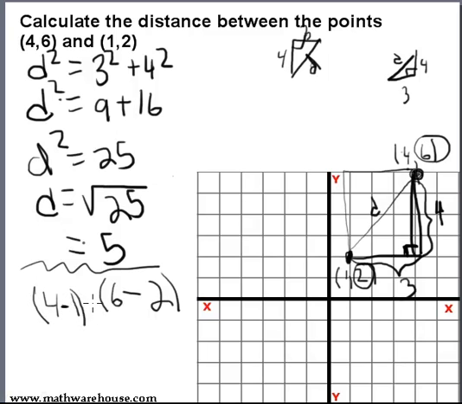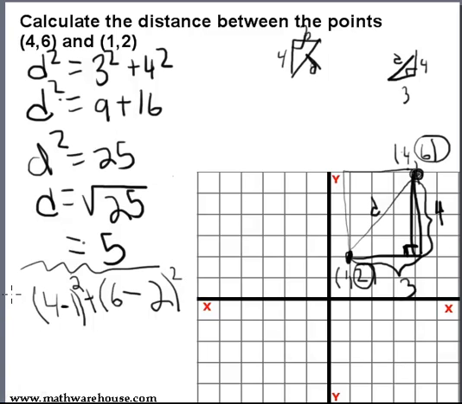And notice we have a plus here, where we're adding them in our formula. We said that d squared equals 3 squared plus 4 squared. We know that 4 minus 1 will be our 3. 6 minus 2 is going to be our 4.